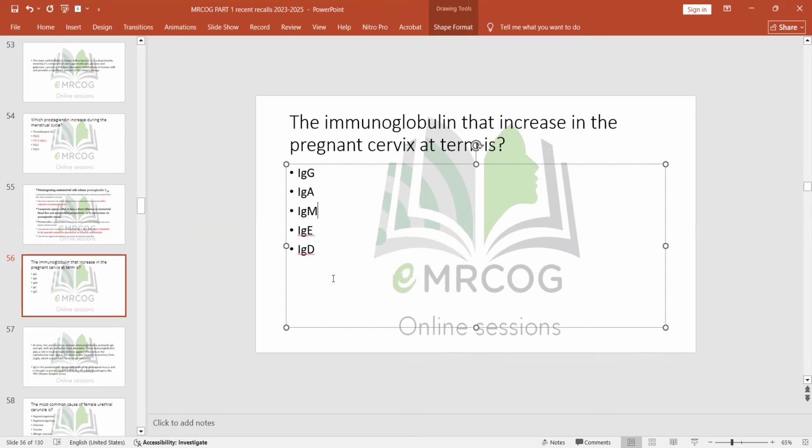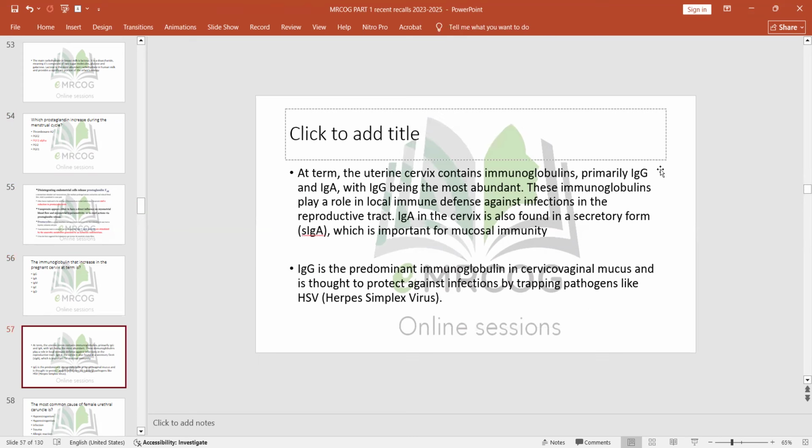But let me tell you that this is not the abundant one at term. Yes, IgA, of course, is going to be there because it's a mucosal surface anyway. But the one that is predominant by term is the IgG. And it makes sense, actually. Because the IgG plays a local immune defense.